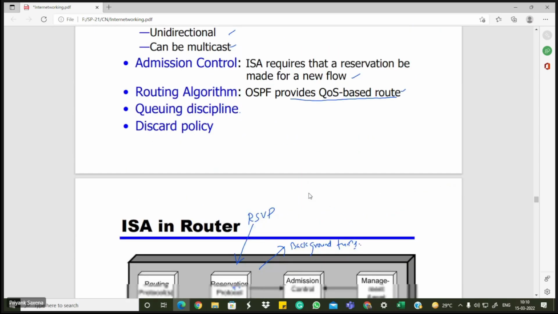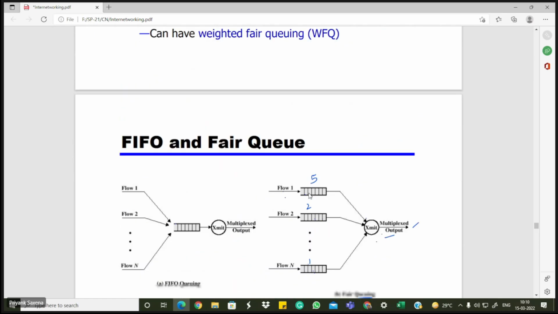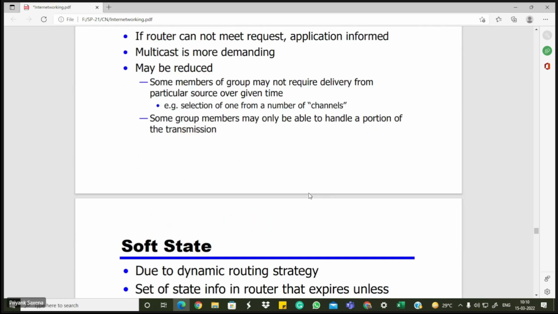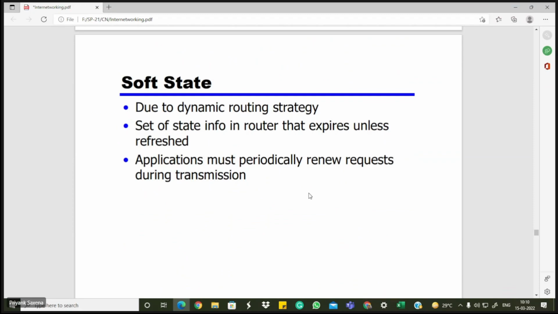So as I was discussing about RSVP, resource reservation protocol, it basically maintains the soft states about the flows in the routers. Generally this information should be refreshed regularly from the entity that requested the state, otherwise it expires after some time.